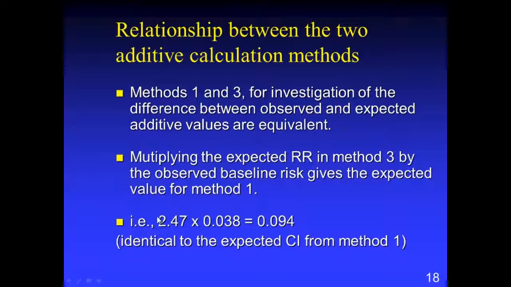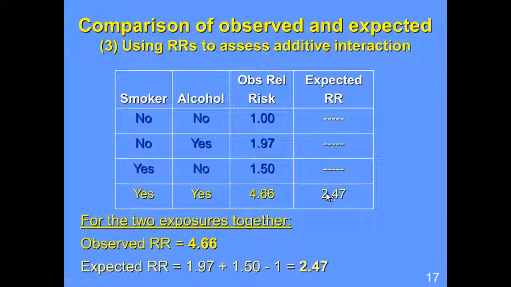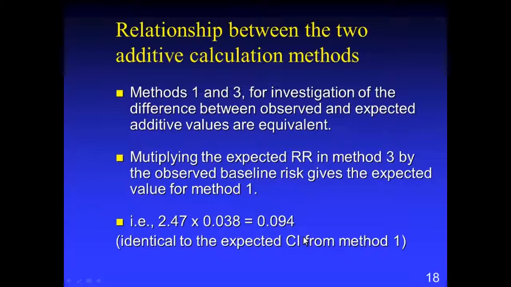If you multiply the expected relative risk by the baseline cumulative incidence, you will get the cumulative incidence using the other method. So the two are exactly equivalent, and this third method, assessing additive effect modification using relative risk measures, is particularly useful with case control studies.